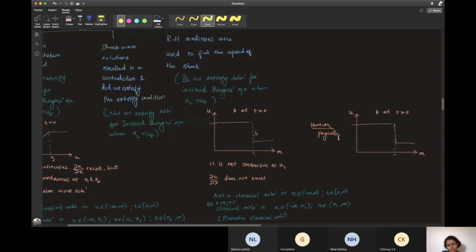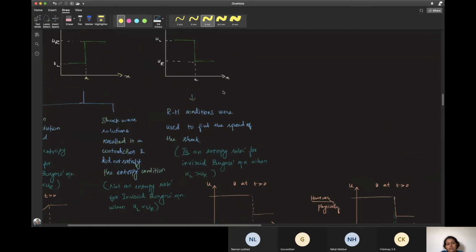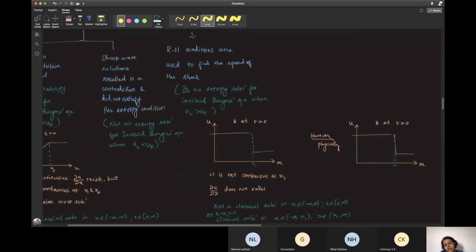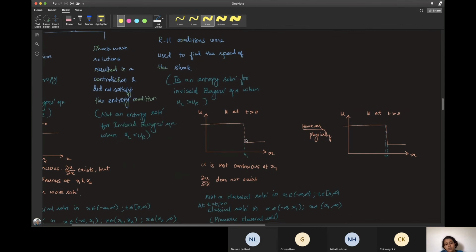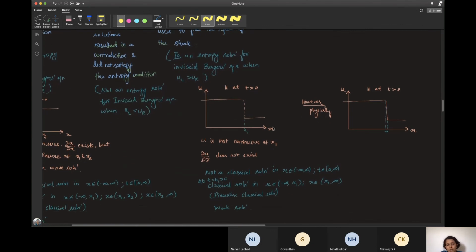So now the shock is moving. It has moved from the position A to some other position x1. Here again, u is not continuous at x1 because there's a jump discontinuity, and so dou u by dou x does not exist at this point x1.